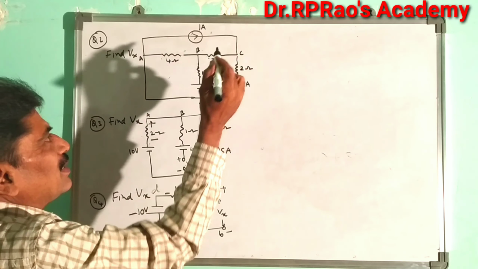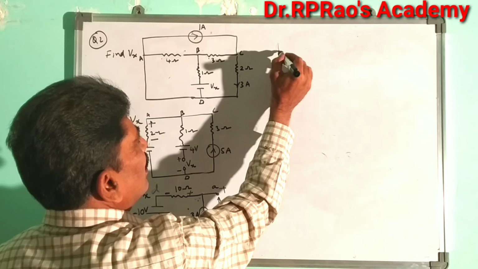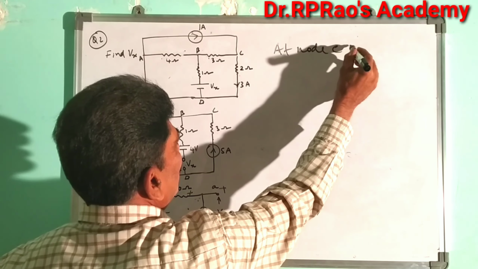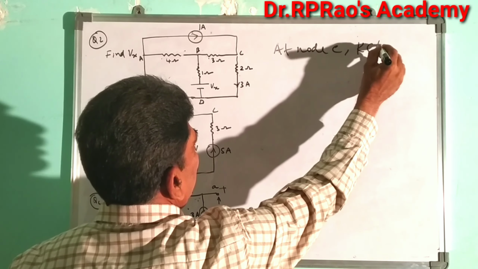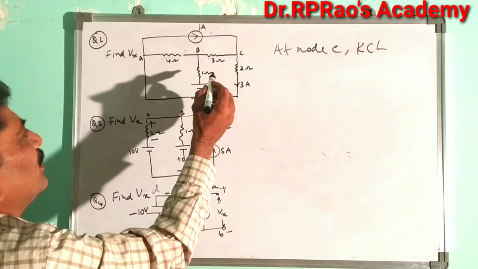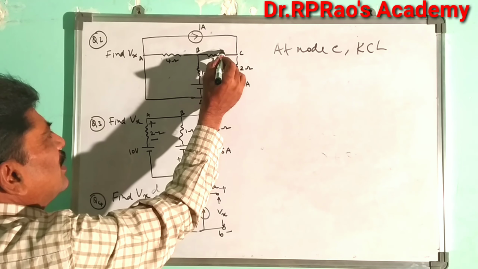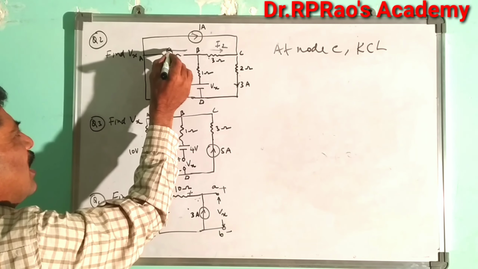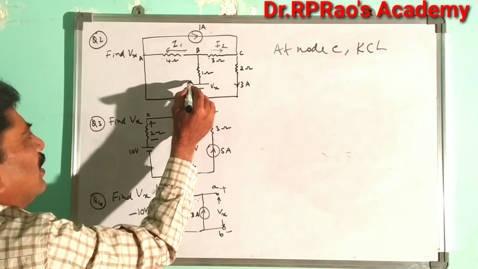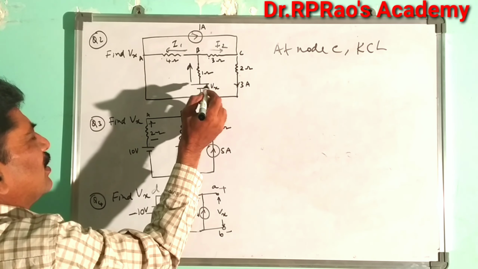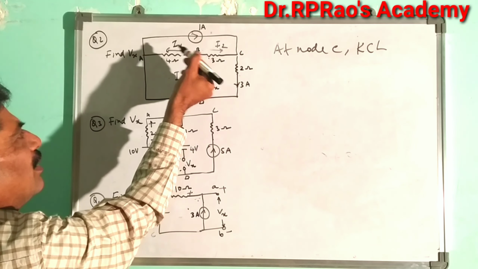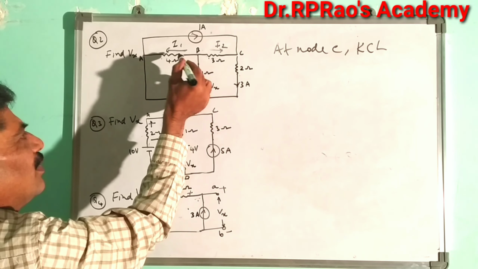At point C, let us apply KCL. Let this current be I2 and let this be I1. Let this battery deliver a current I. Then this I will be I1 plus I2.